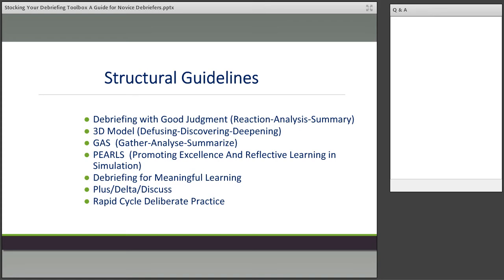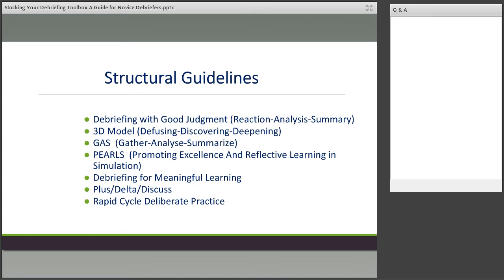As one of the presenters said, we can no longer just fly by the seat of our pants, which admittedly many of us were doing when we started out in simulation. There is structure. There are evidence-based best practices for how to structure debriefing. We wouldn't want students or any healthcare practitioner going out and providing care without using best practices. We should be doing the same when we're educating students with simulation.